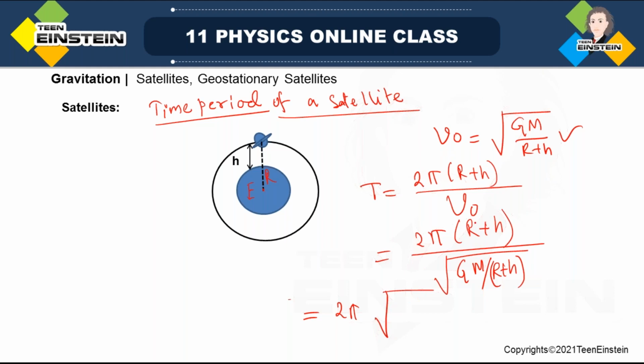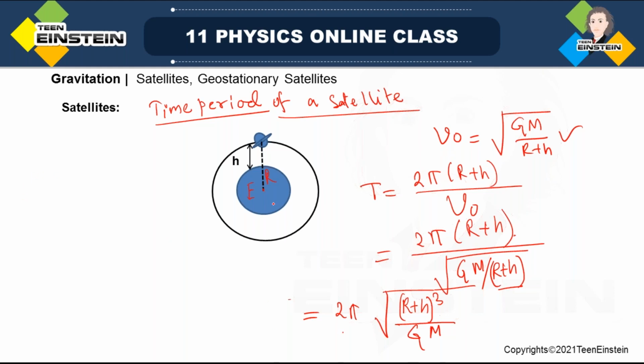See, if I bring this portion inside the square root, then it will give you (R plus h) whole square, and this (R plus h) will come in the numerator, so it will be (R plus h) whole cube divided by GM, and here 2 pi is there.